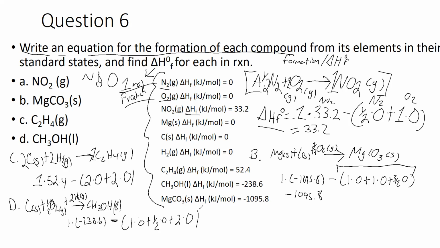What are you making? What's it made out of? Make sure everything's balanced. And then it's products minus reactants. So any questions about these types of delta H formation problems?